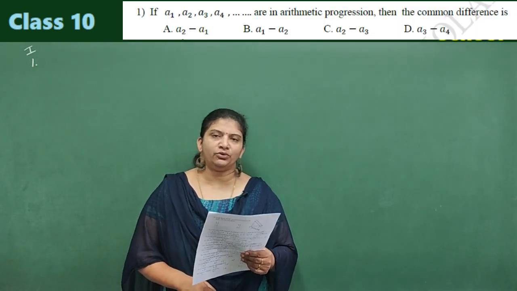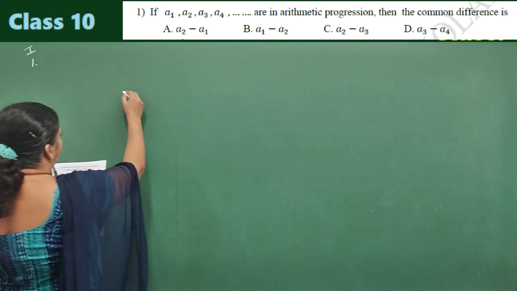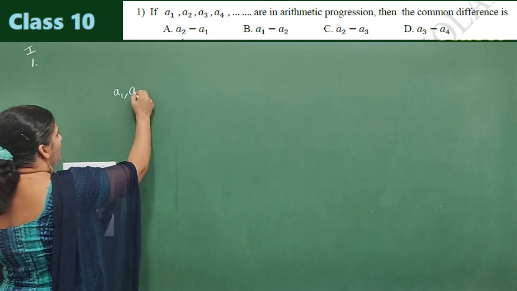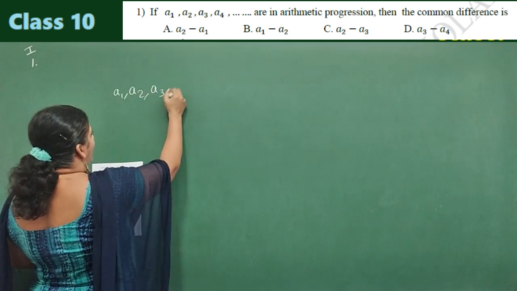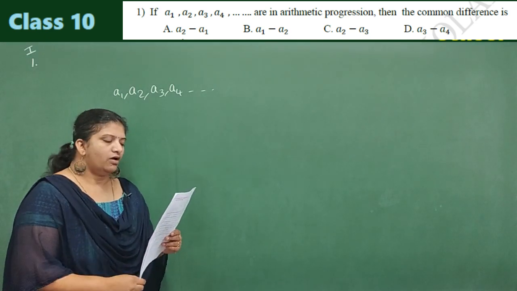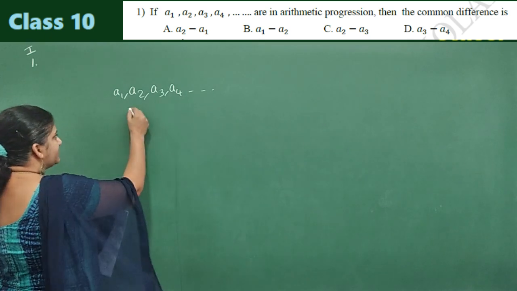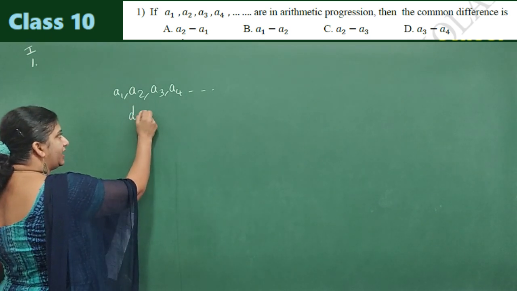If A1, A2, A3, A4, and so on are in arithmetic progression, then the common difference is represented by the letter small d.